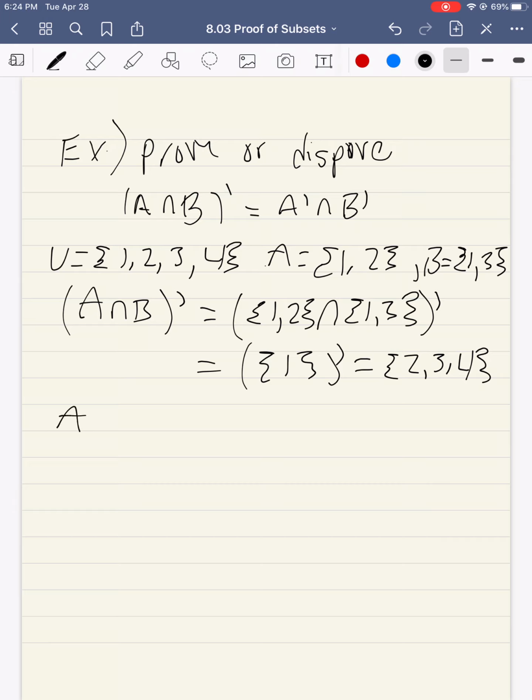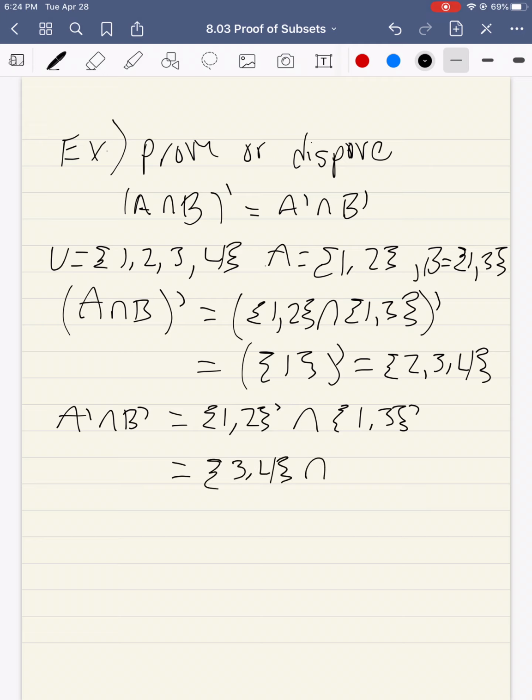Now let's look at A complement intersect B complement. This would be the complement of {1, 2} intersect the complement of {1, 3}. Applying the complement, we have {3, 4} intersect {2, 4}, and this would just be the set containing 4.